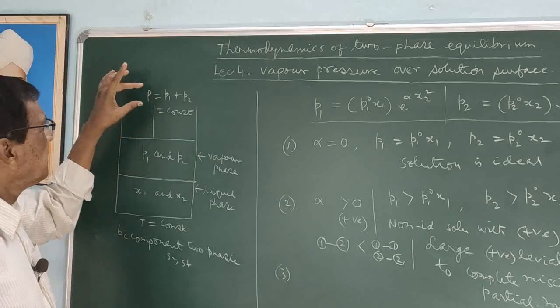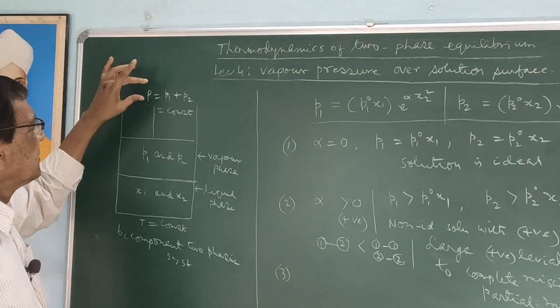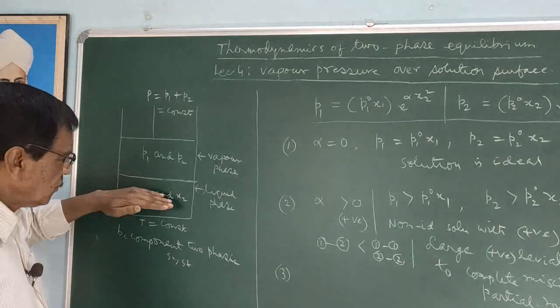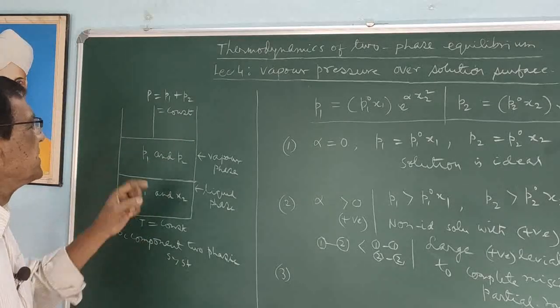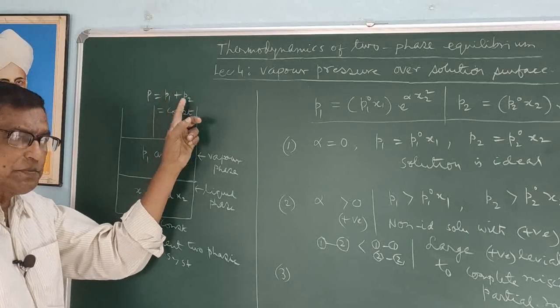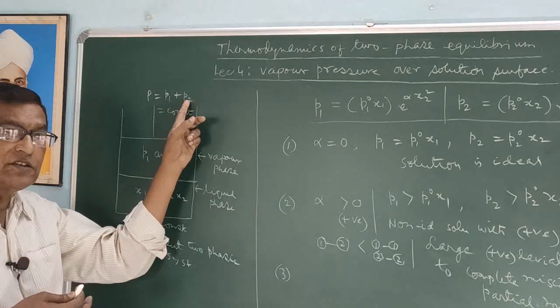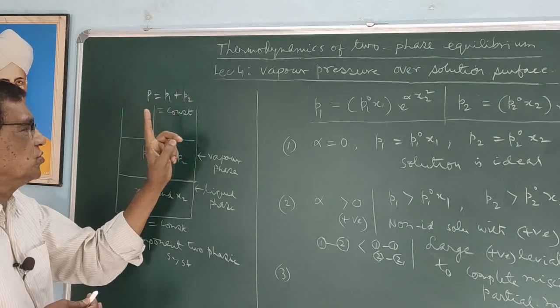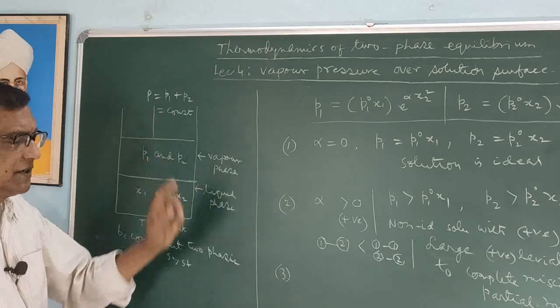So the total pressure P, the total saturated vapor pressure over this solution, is equal to P1 plus P2 according to Dalton's law of partial pressures, and this also remains constant.